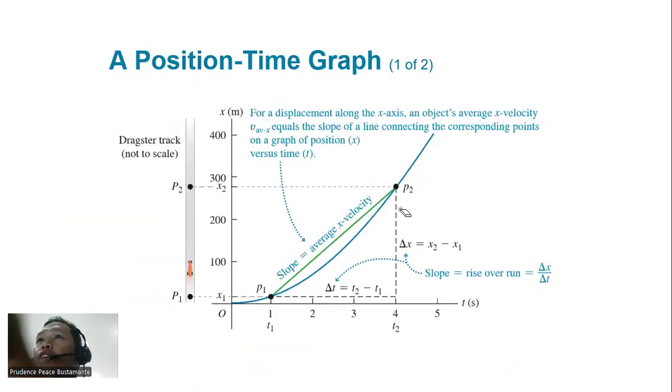If you graph the position versus time, this is how the graph of the average x velocity looks like. This is the slope of the average velocity.